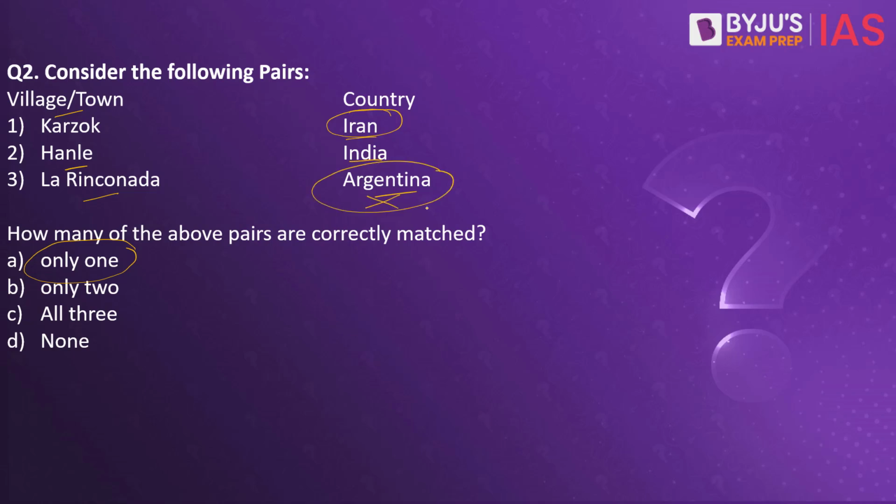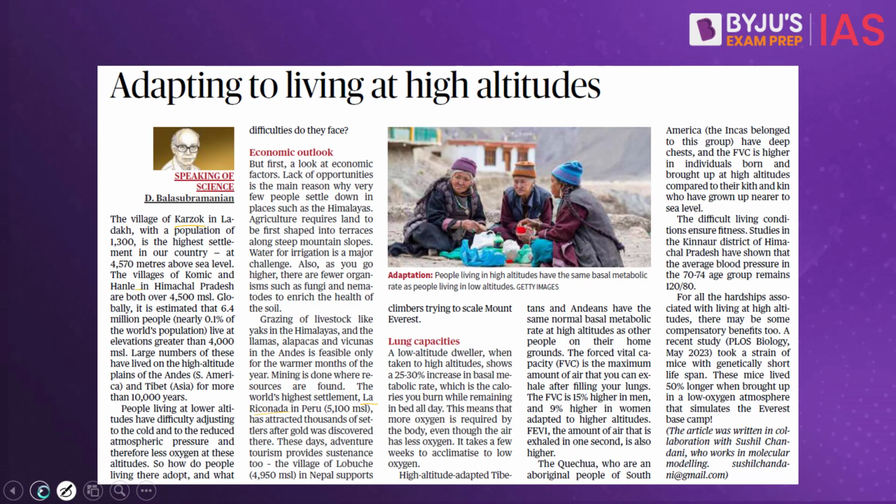This pair is also wrong. Why? Because this happens to be one of the regions present in the country of Peru, and it is not Argentina. Some of the important facts with respect to this place: this is the world's highest settlement, present in the country of Peru at 5100 MSL, and it has attracted thousands of settlers after gold was discovered here.